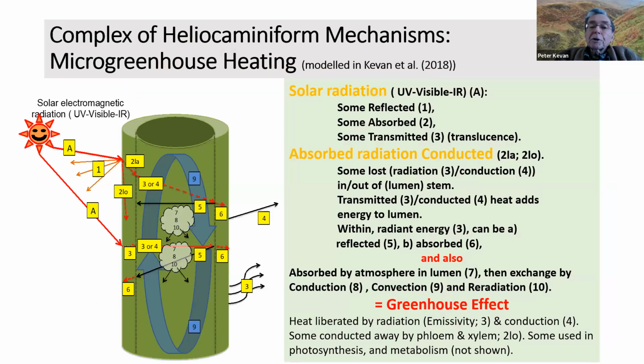is one of our first attempts to model the process, looking at hollow stems, particularly with solar radiation coming in. Some is reflected, some is absorbed, some is transmitted because the hollow stems are translucent, and the absorbed radiation is then conducted, and some is lost out of, or into, the cavity in the stem or the other hollow structure, and some is transmitted, and this adds heat to the lumen, as does the radiant energy, which can also be reflected and absorbed.